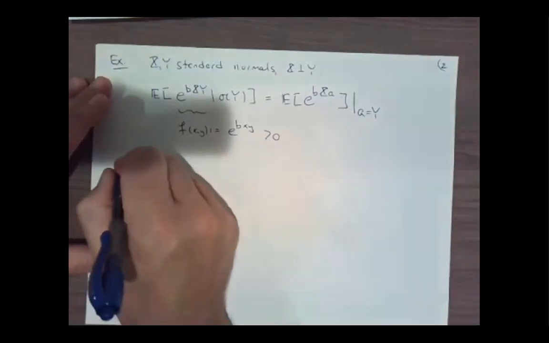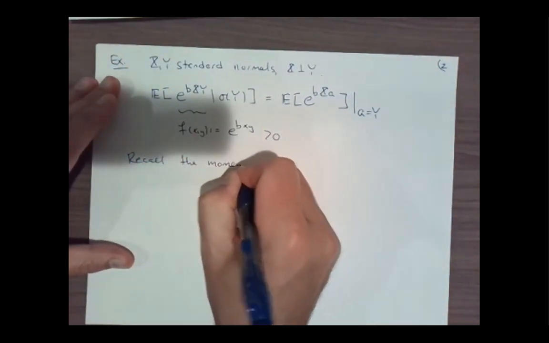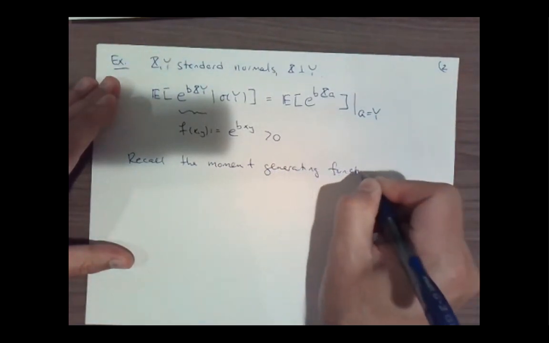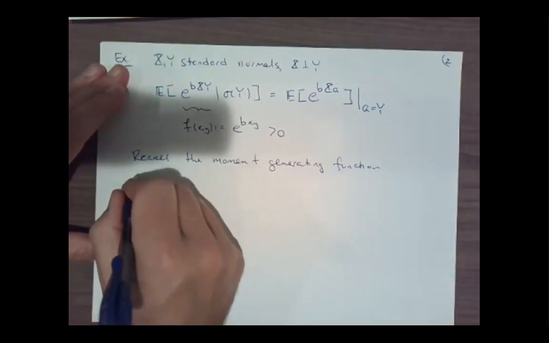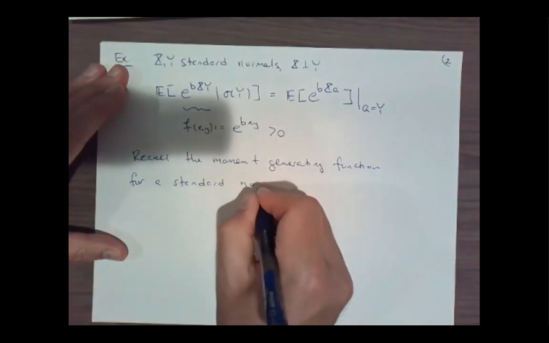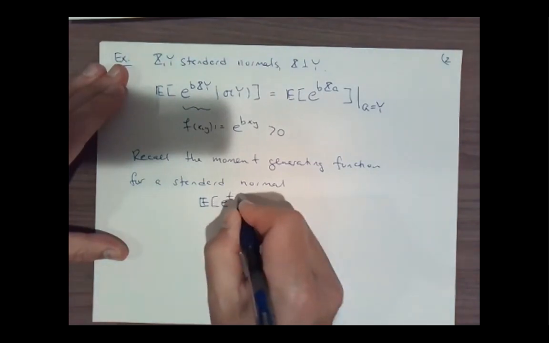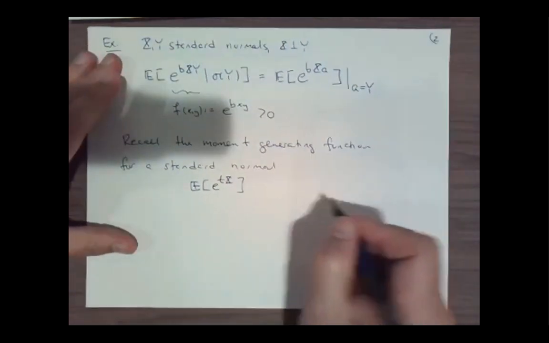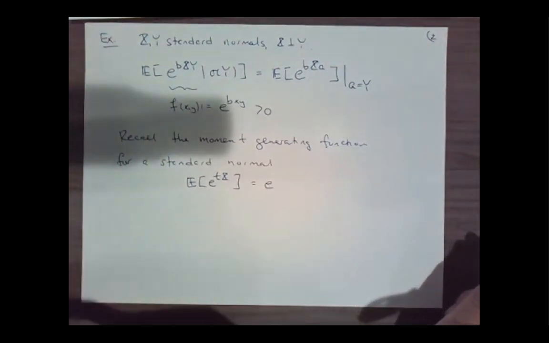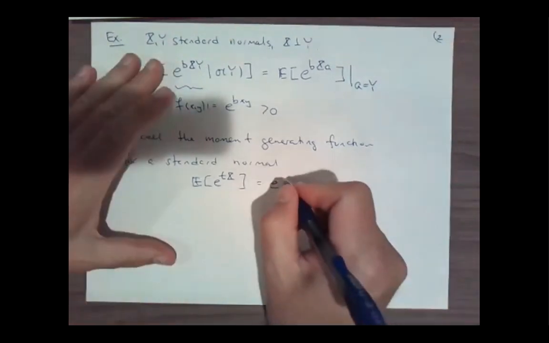But we know the moment generating function for a standard normal. We've had that one a number of times, E of e to the t x. This was equal to e to the, does anybody remember? 1/2 t squared. Yes.